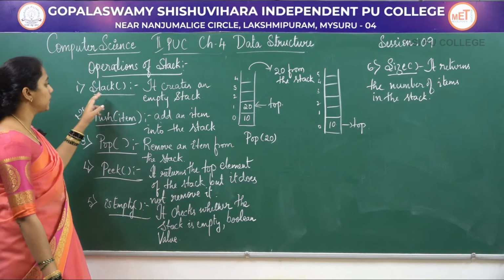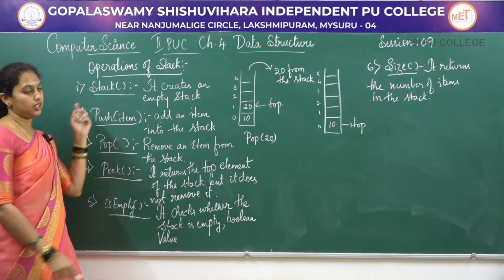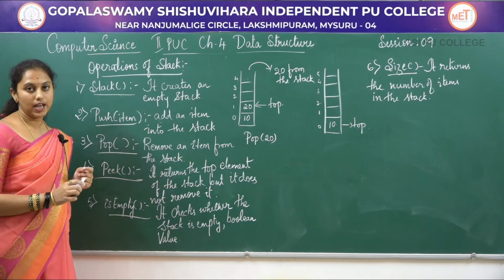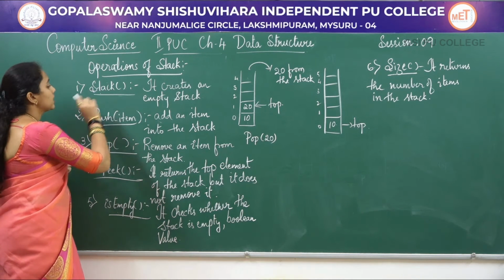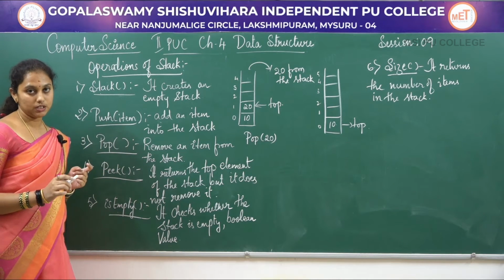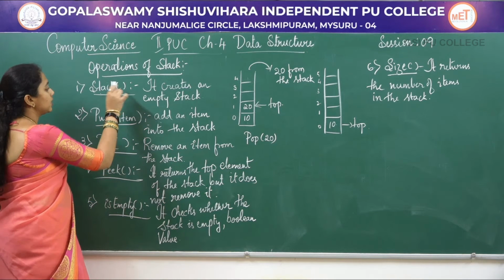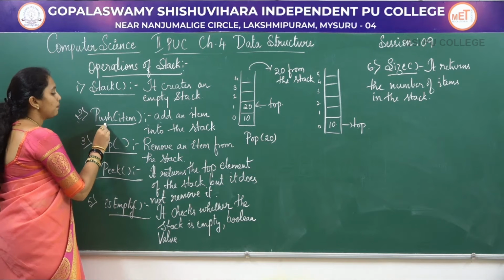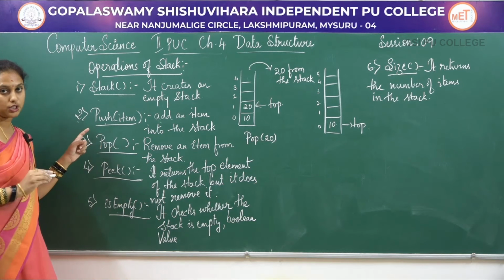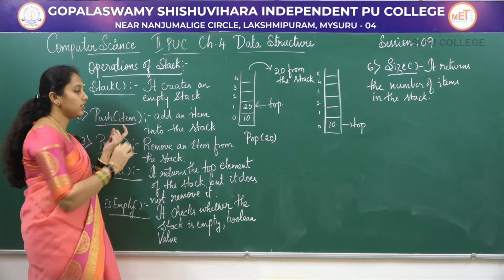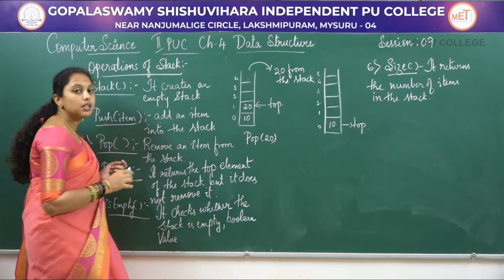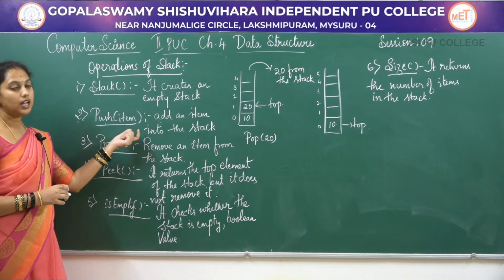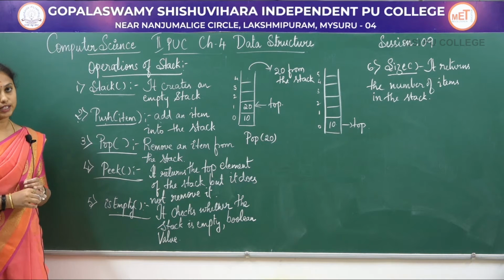The first operation is the stack function. The stack function is used to create an empty stack, and it does not require any parameters, and it will not return any value. Second operation is the push operation. Using this push function, we can add an item into the stack, but it needs a parameter and does not return any value.